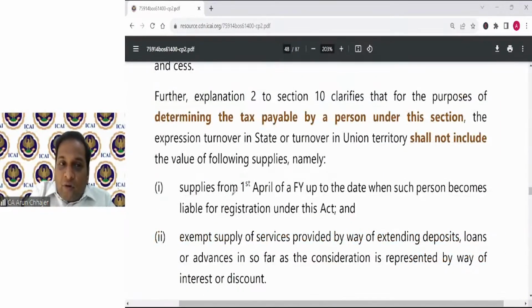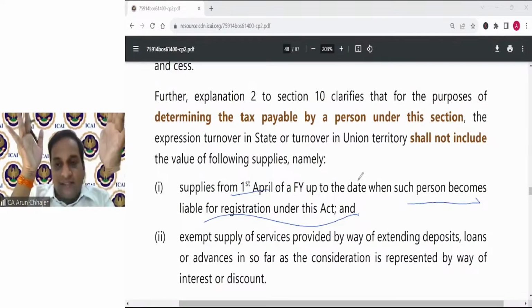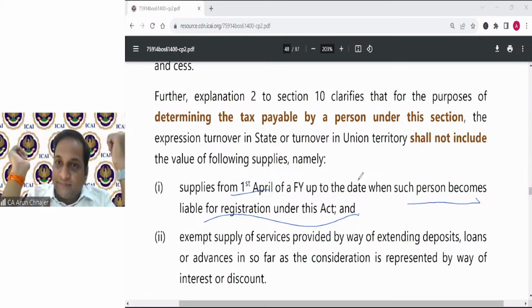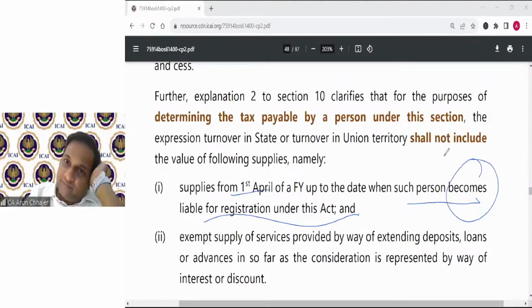Supplies from 1st April of the financial year up to the date when such person becomes liable for registration under this Act, because in that case, he is not required to pay the GST. See why they are saying it will not be included? Because he has to pay the tax from the date when he has taken the registration.